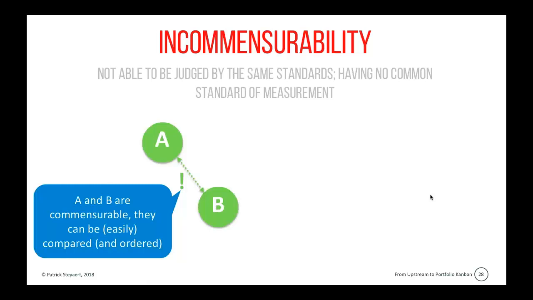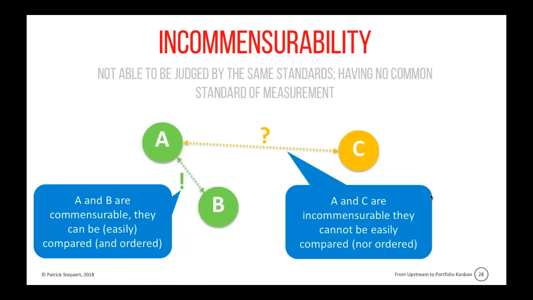So if A and B are commensurable, then they can be easily compared and ordered or prioritized. If both A and B are low uncertainty, low value items, so certain but not so high value, probably you will be able to compare them with each other.